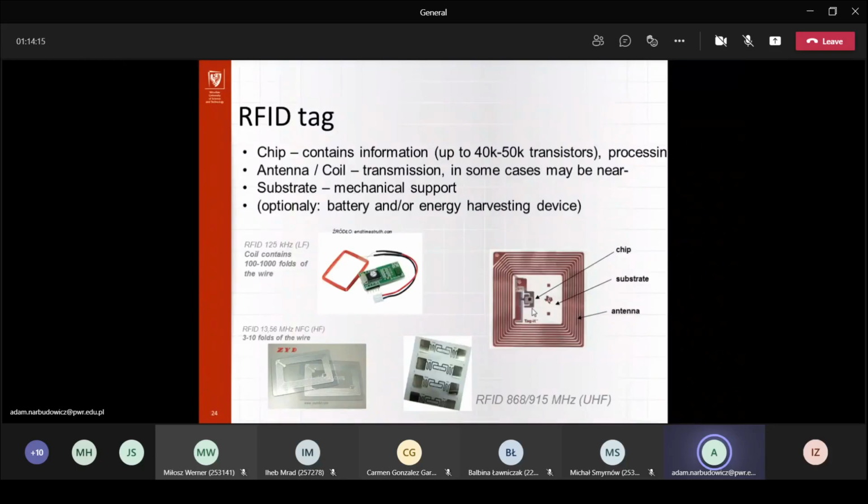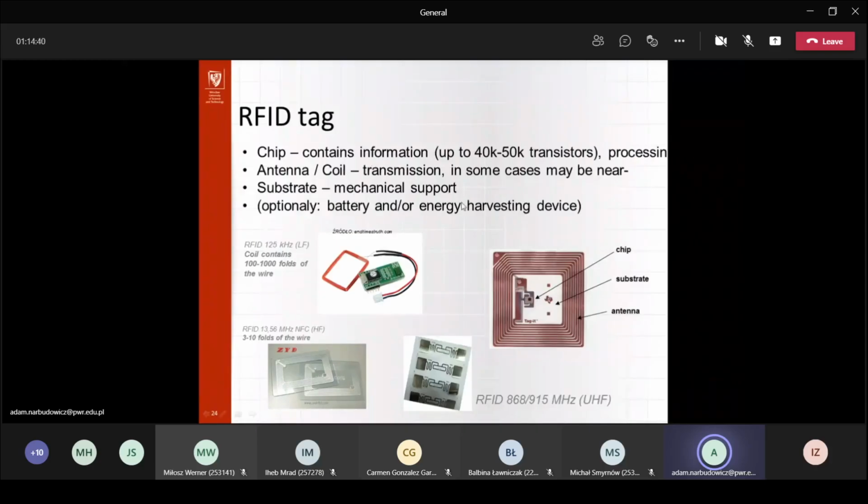Usually, it's just a number, which is used for later references. And then there is an antenna or a coil, depending on the frequency you're using, which does the transmission. So firstly, it accepts the radio energy to power up the chip. And then, once it's powered, it transmits back the information.